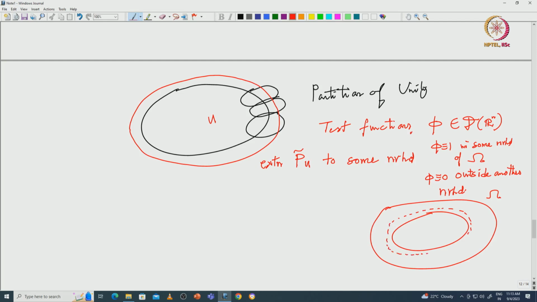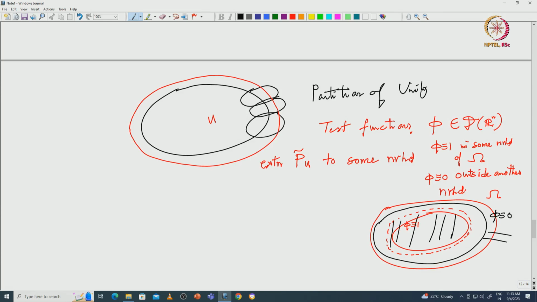I am recalling this not only for this introduction, so that you will be using it again. So, phi is identically 1 in this neighborhood, and then you choose another neighborhood and phi is identically 0 there.